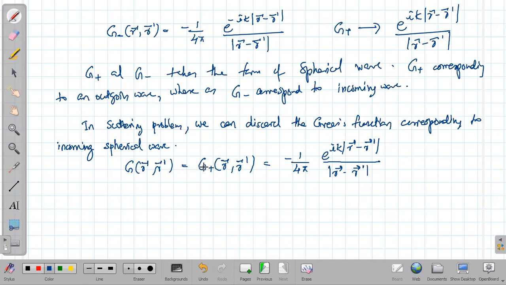Okay, we have discarded the G minus term in the total Green's function.